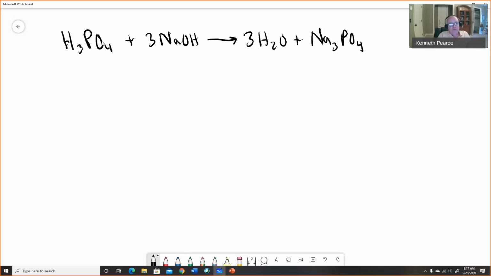And we're given the concentrations in molarity, and a reminder, molarity is moles per liter of solution. And we want to know, well, how much would it take to neutralize one or the other?